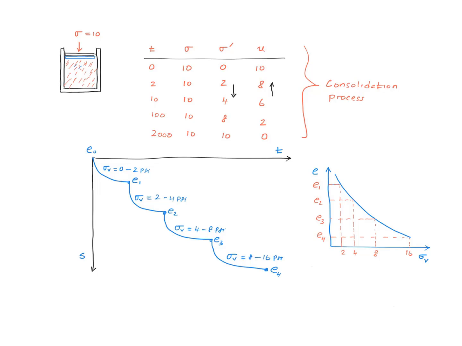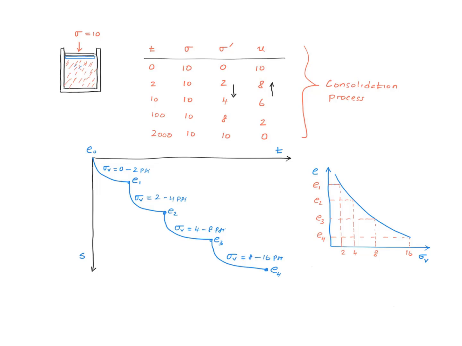So now we can go back and look at something we did earlier. Remember this curve, right? Settlement versus time curve for 4 different load steps. We went from 0 to 2 psi, 2 to 4 psi, 4 to 8 psi, 8 to 16 psi. So during this process, I said consolidation takes place, right? So exactly what is happening?